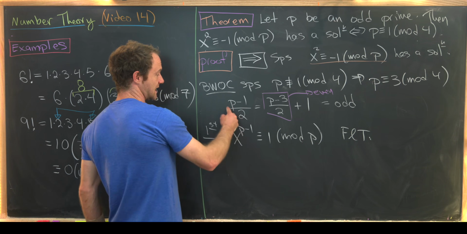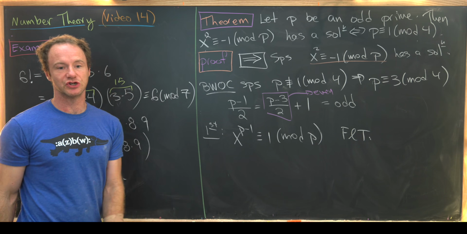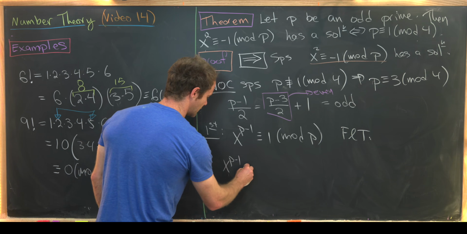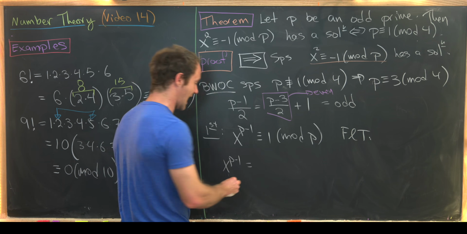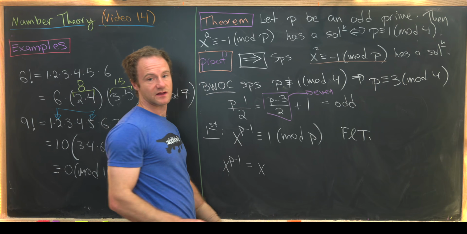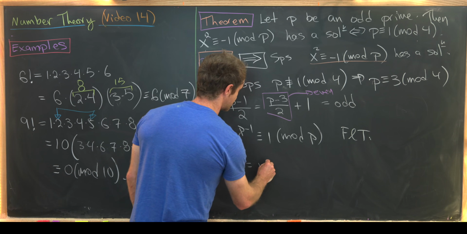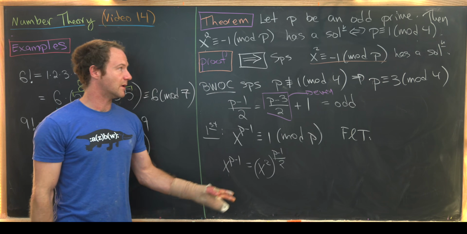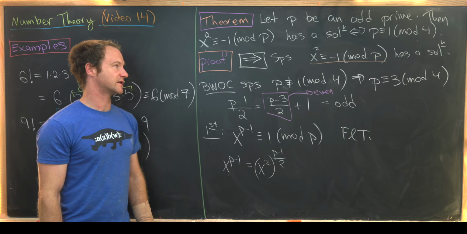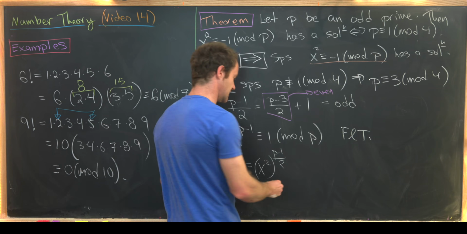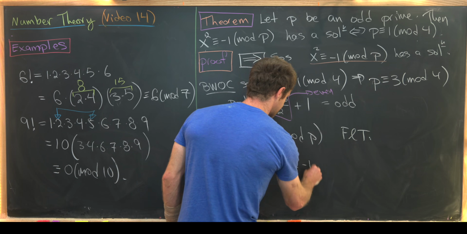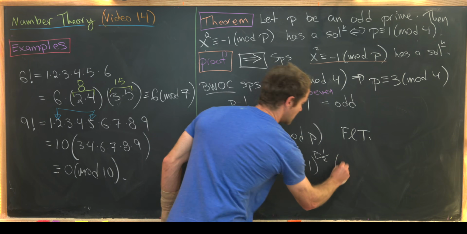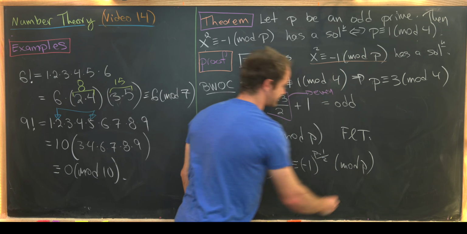Now we can introduce (p minus 1)/2 into the situation by taking x to the p minus 1 and rewriting it as x squared to the (p minus 1)/2. But by our original assumption, x squared is congruent to minus 1 mod p. So this is congruent to minus 1 to the (p minus 1)/2 mod p.